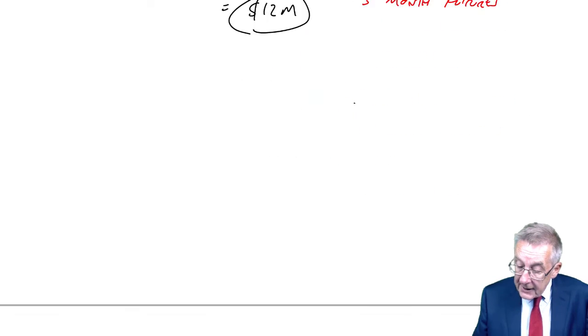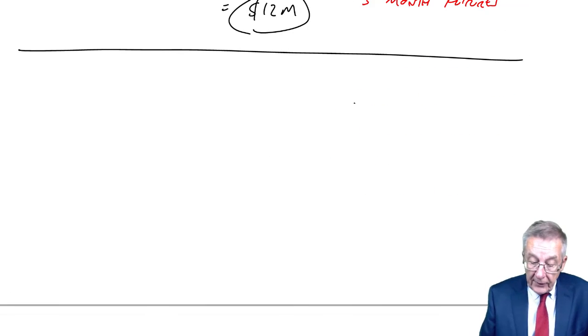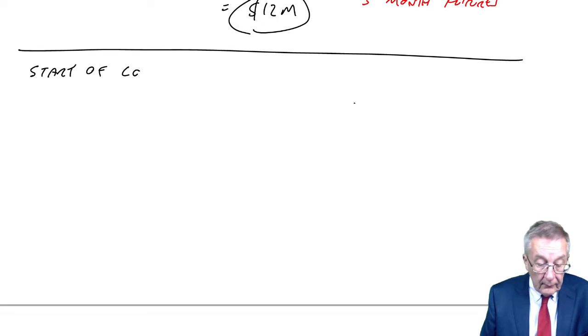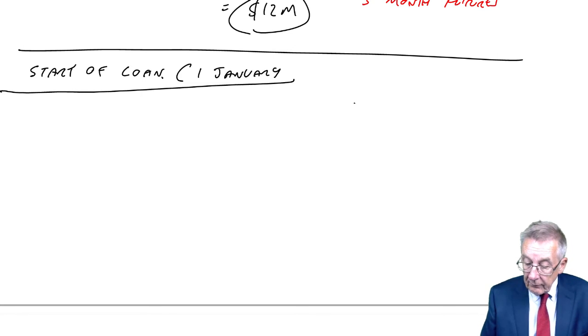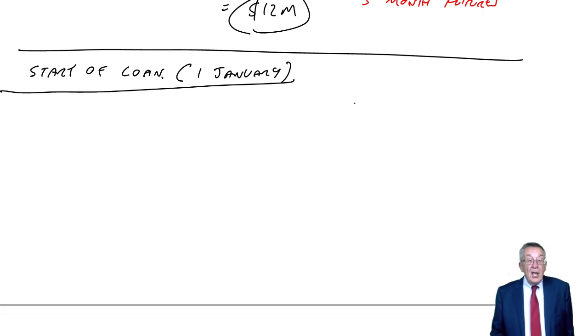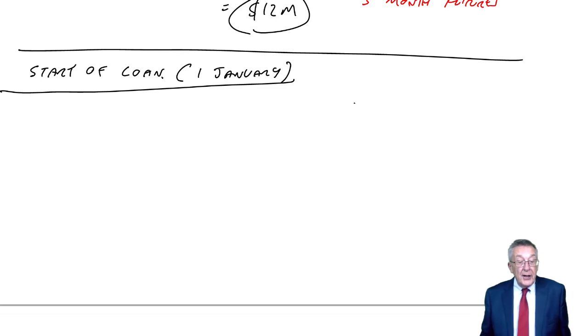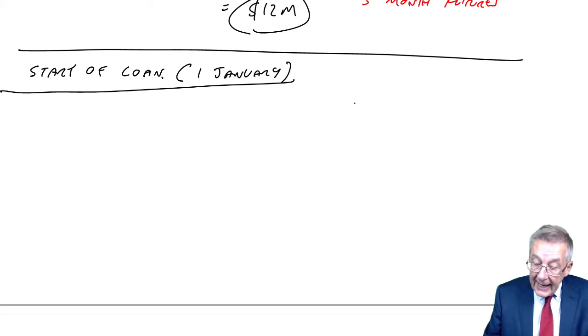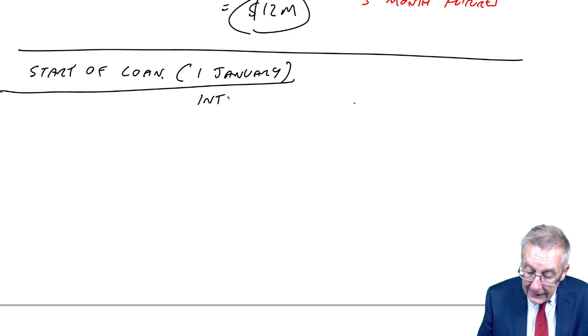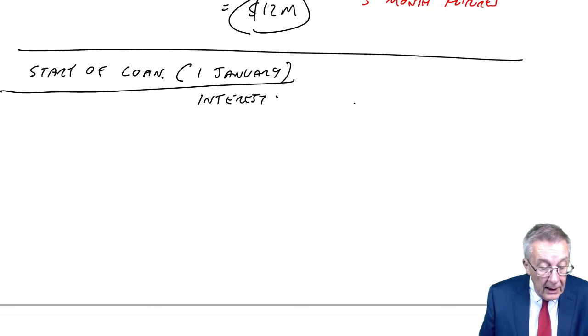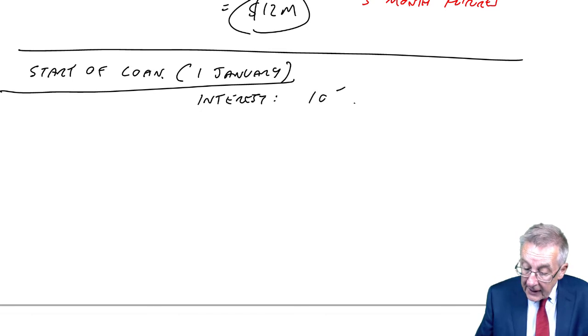We then wait until the start of the loan. Here, the 1st of January. And when we start the loan, look at the question. It says, assume on the 1st of January, the interest rate has changed to 10% per annum.